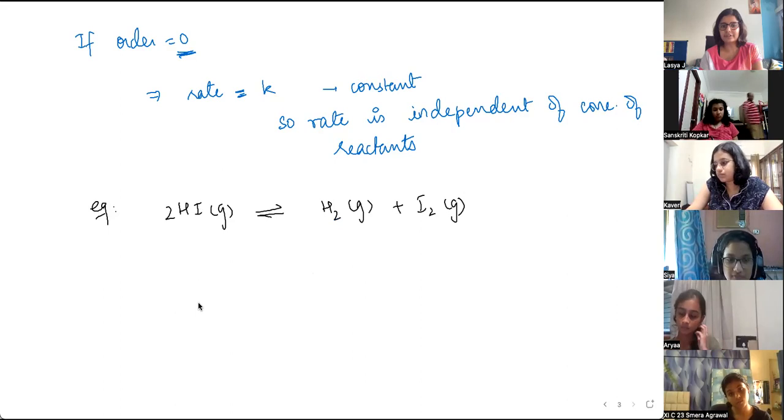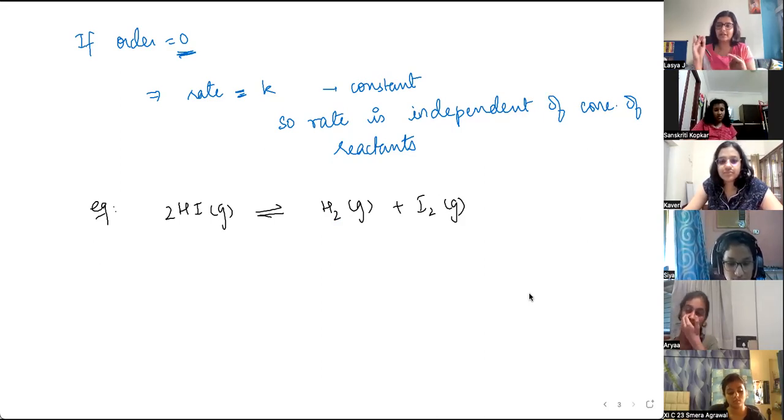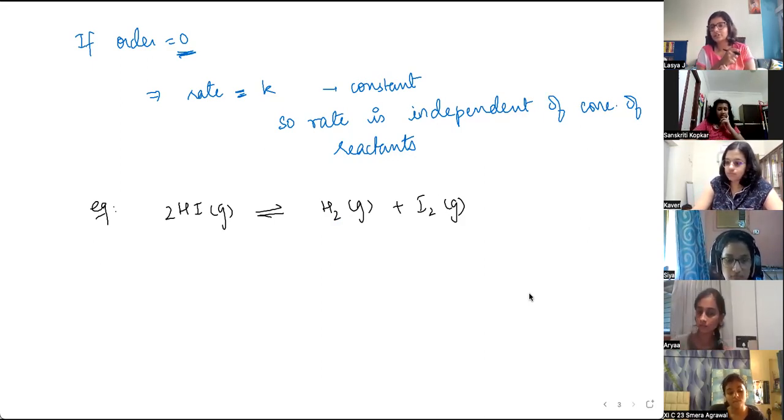We also have decomposition of ammonia, formation of HCl, like all of these are zero order reactions. So I'll give you guys more examples when we get to it. So zero order reactions, these sort of reactions, and first order reactions. We'll be looking into only these two types of reactions in detail. So we'll look at the integrated rate law and all of that.